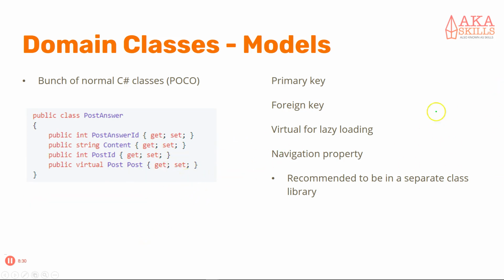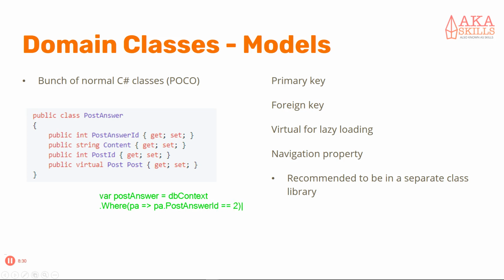We got a navigation property. The navigation property is this post, because, for example, if I have var post answer is equal to my DB context dot, let's say, I can say dot where post answer is going to post answer dot post answer ID is equal to 2.